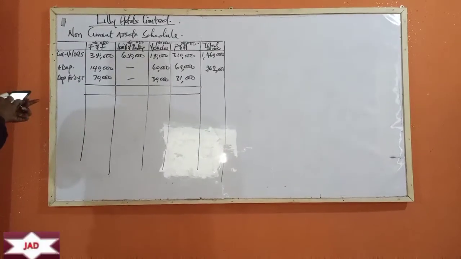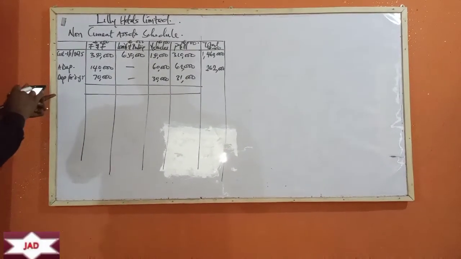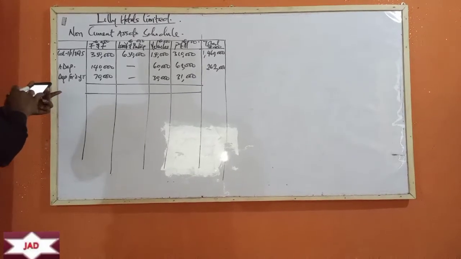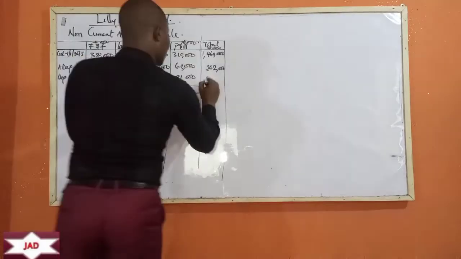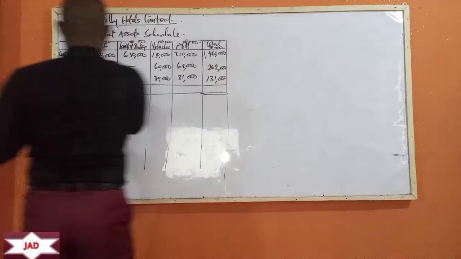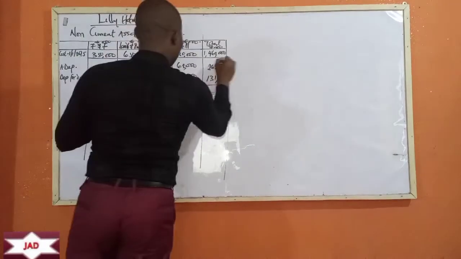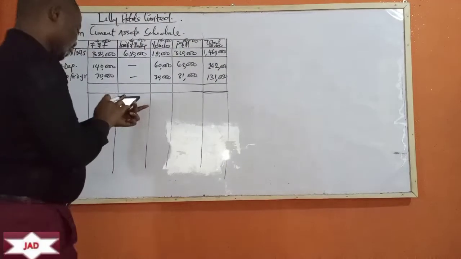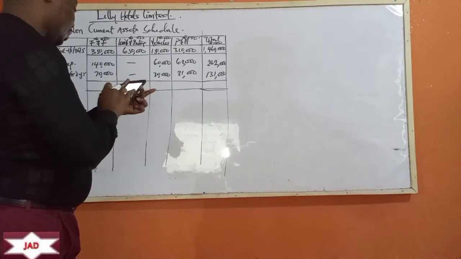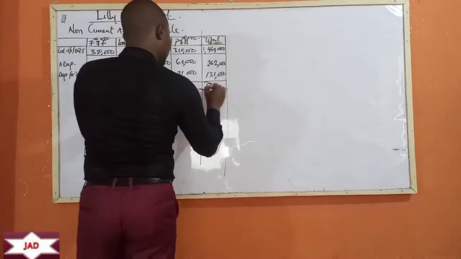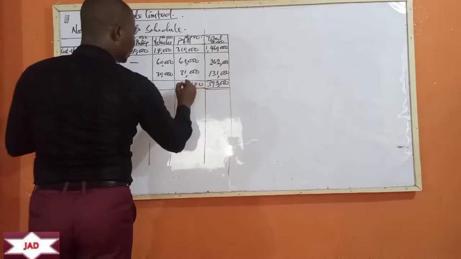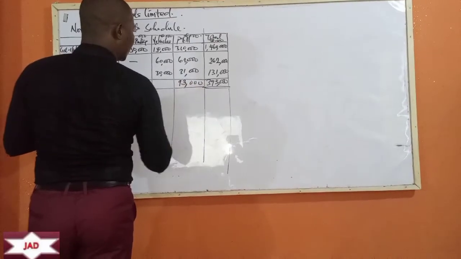We have 70,000 plus 30,000 plus 31,000, which gives 131,000. If you add 131,000 plus 262,000, we have 393,000. So if you add this, you have 393 million. Okay, this is what?